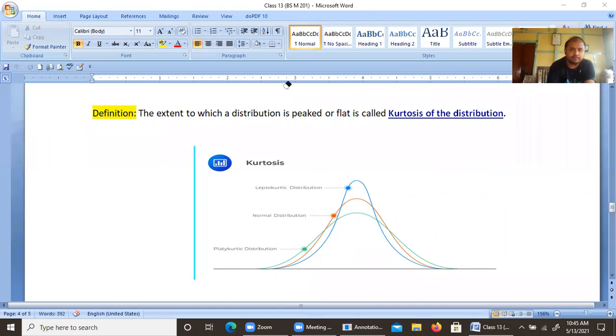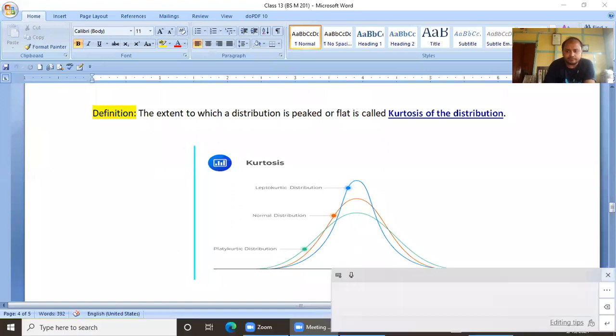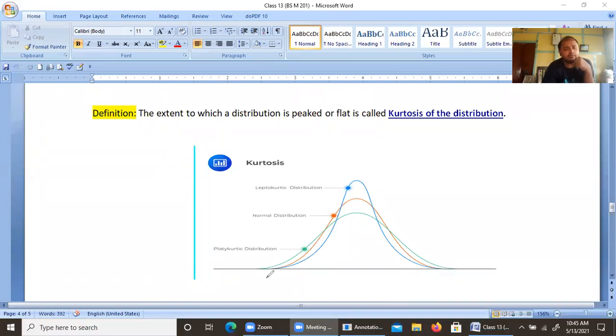Say, for example, to understand where kurtosis appears in statistics, suppose in the coming month, somewhere in the middle of November, just hypothetically assume that you are analyzing the situation of COVID-19, which made a disaster in 2021 in our country.